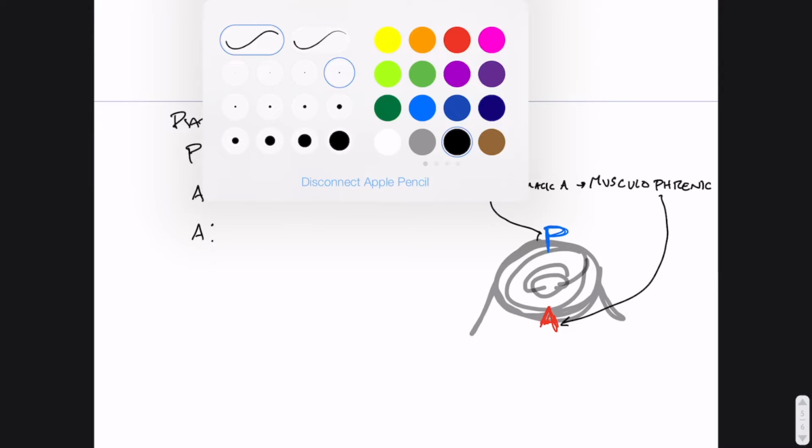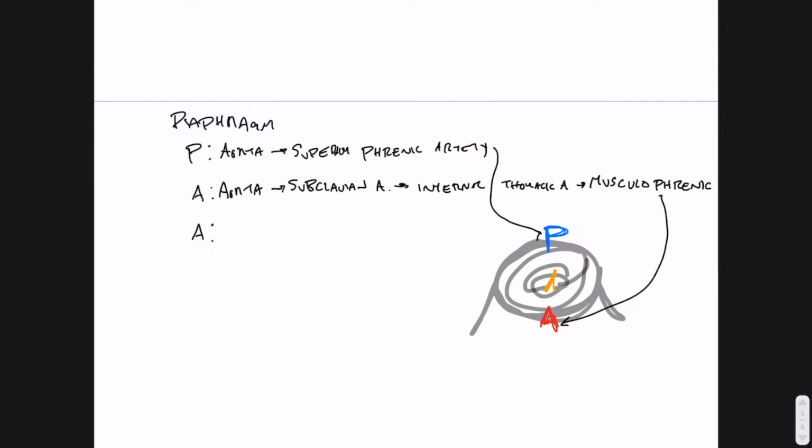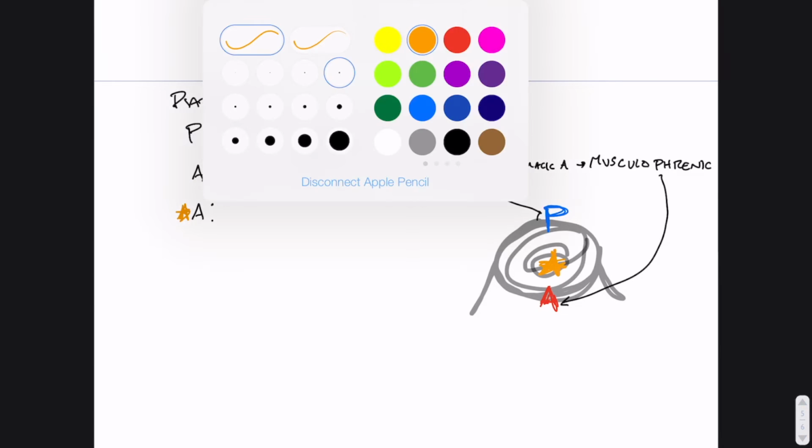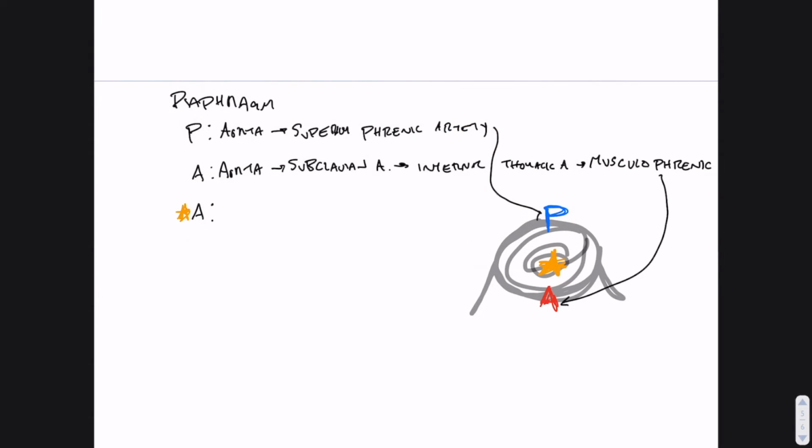And then finally, we're going to have one that feeds right here. And I'm just going to do that as a star. So I'll put this star over here. So that's the superior most, like the very top of the dome. So to get there, it's another anterior pathway. So we're going to take the aorta to that subclavian and then to the internal thoracic.